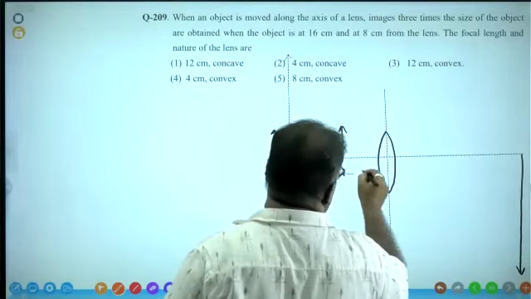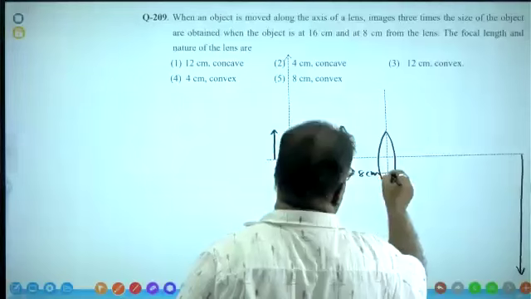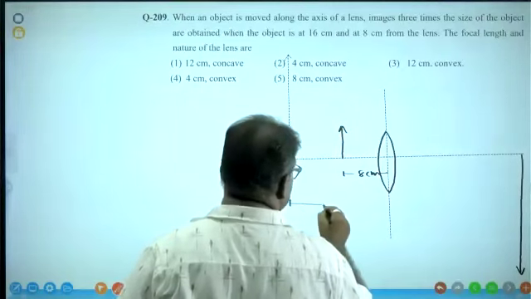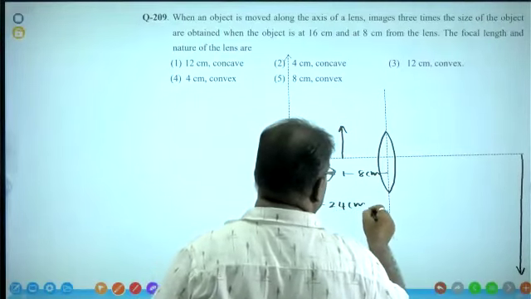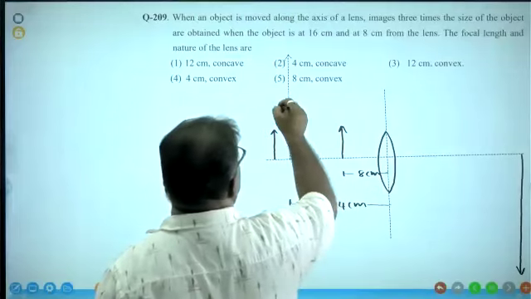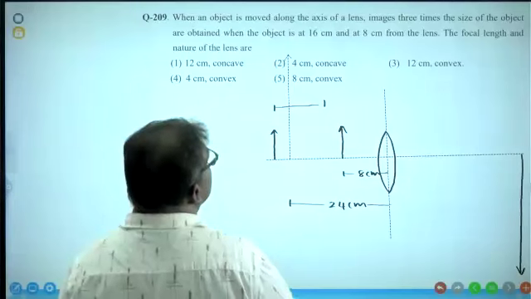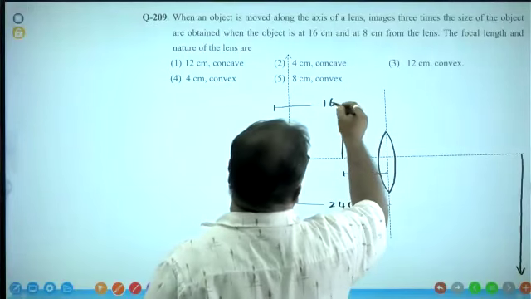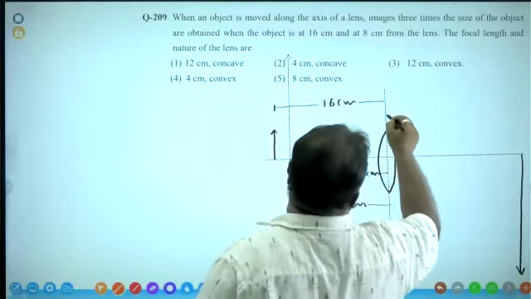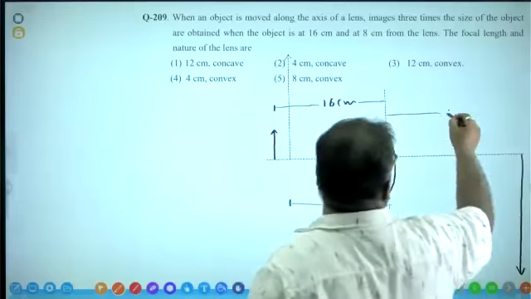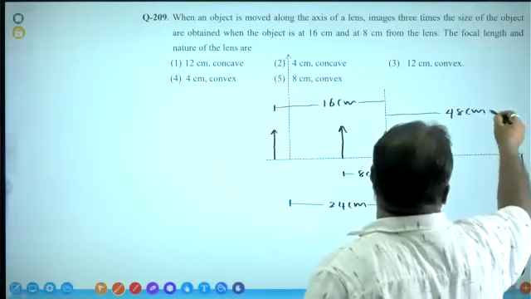If this is 8 centimeter, this should be 24 centimeter. If this is 16 centimeter, when the object is at 16 centimeter, this could be 48 centimeter.